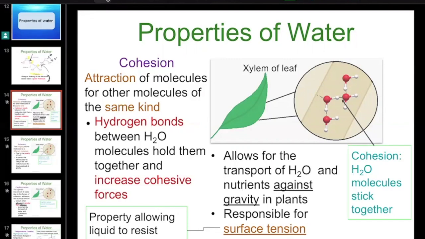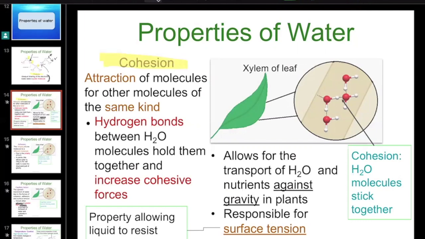Okay, so we have a word that you want to add to your notes called cohesion. This is the attraction of molecules for other molecules of the same kind. And cohesion is because of hydrogen bonds. So when we say attraction of molecules of the same kind, an example is two different water molecules. They're the same kind, right?